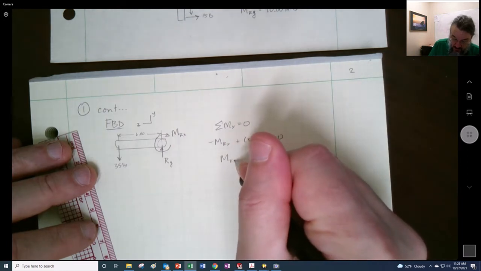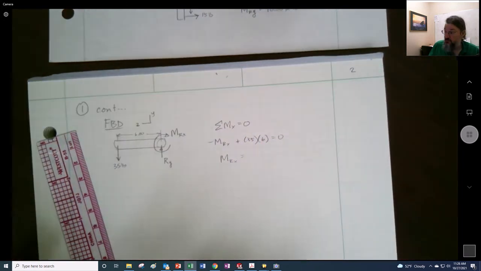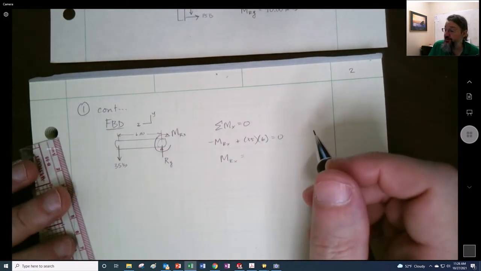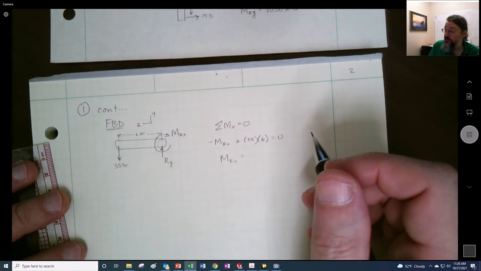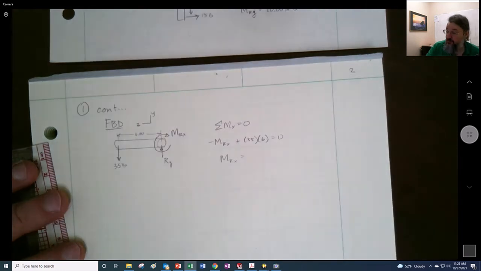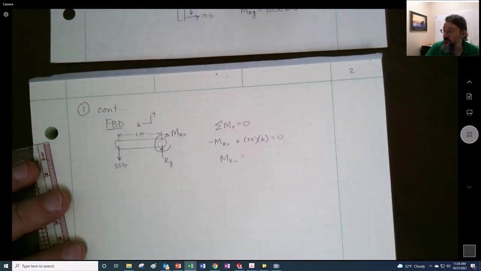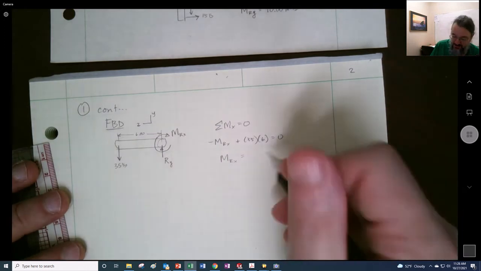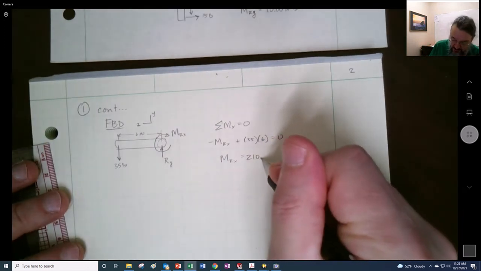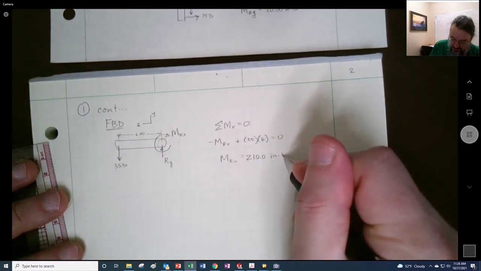So our MRX is, let's see, 210? Let me double check that didn't have another decimal place. It shouldn't. It should just be 210 inch-pounds.